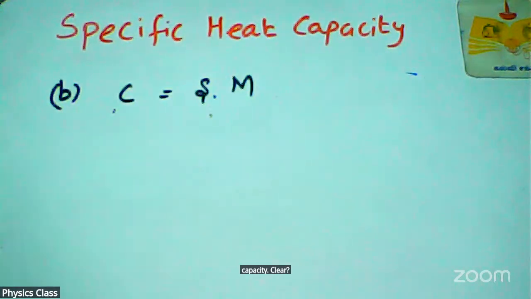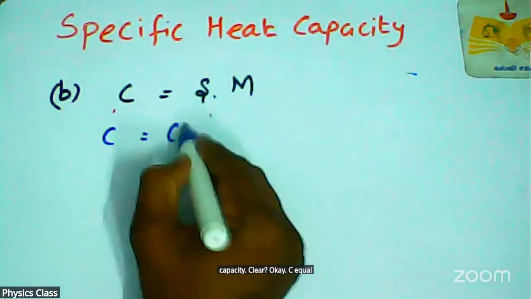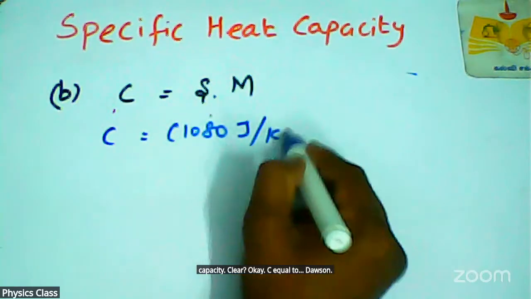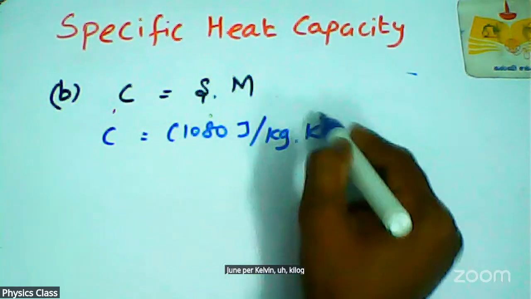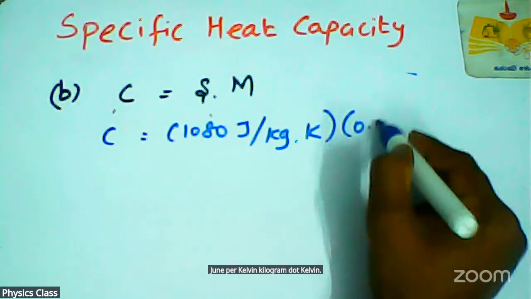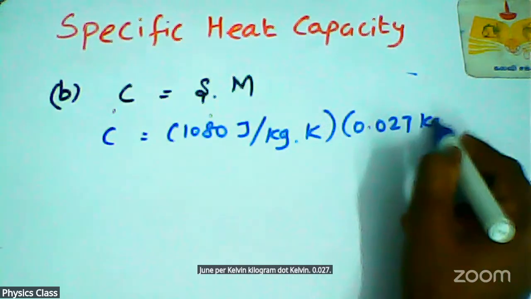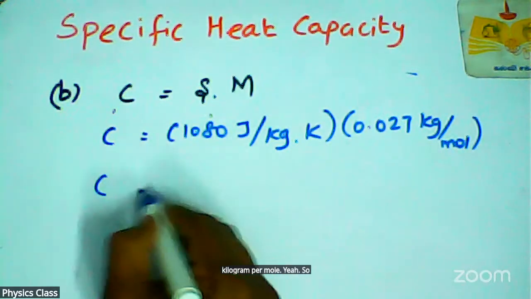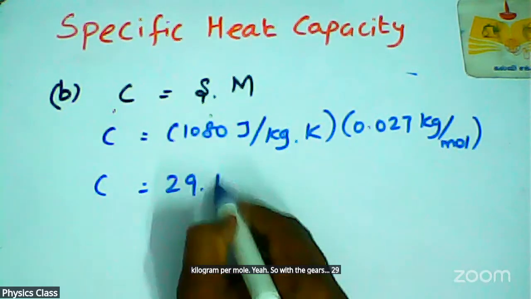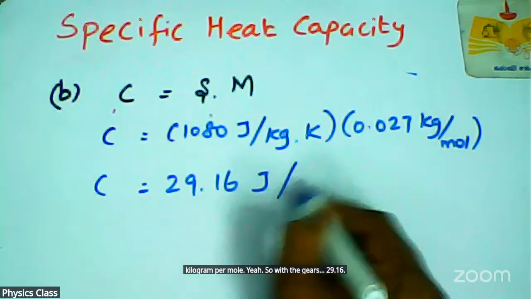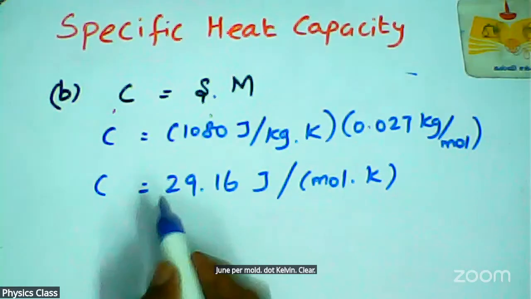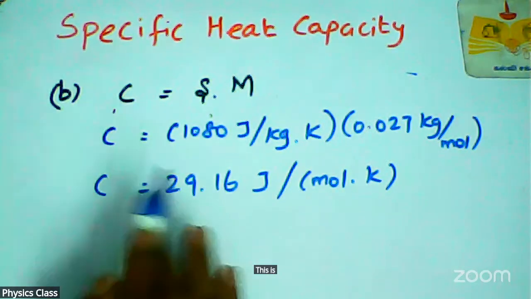Clear? C equals 1000 joule per kilogram Kelvin times 0.027 kilogram per mole, which gives 29.16 joule per mole Kelvin. Clear? This is the molar specific heat capacity.